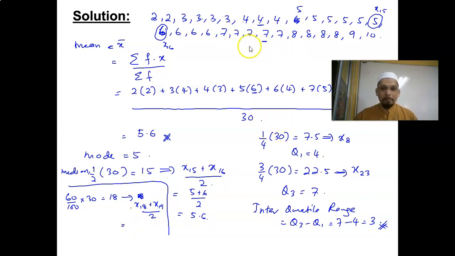Counting 16, 17, 18, 18 and 19. 6 plus 6 divided by 2 equal to 6. Okay, that's it. The solution for the example in the lecture notes.